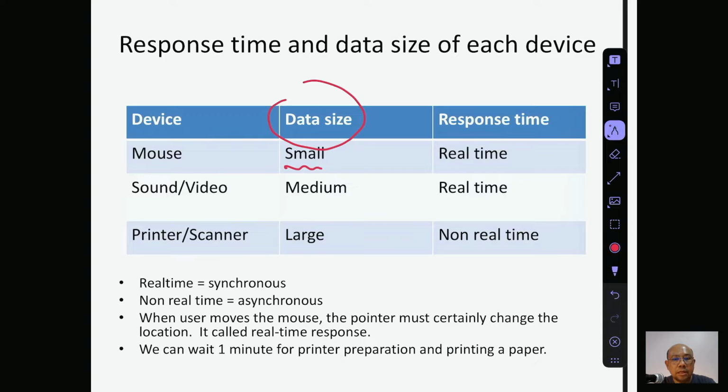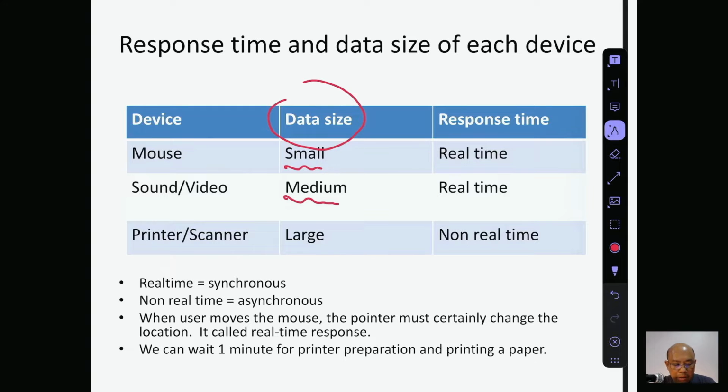The mouse captures the location X, Y on the mouse surface and sends it to the computer. Sound and video is a medium size, if you use sound and video in normal resolution. But 4K video is a large data size.